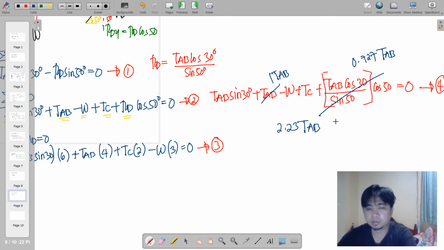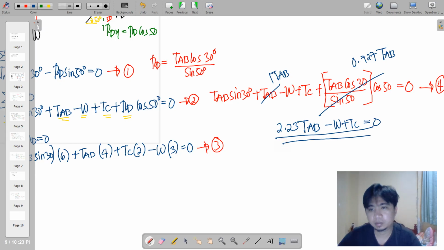So that sums to 2.23 TAB. So we just copy that W and TC. So this will now be equal to 0.